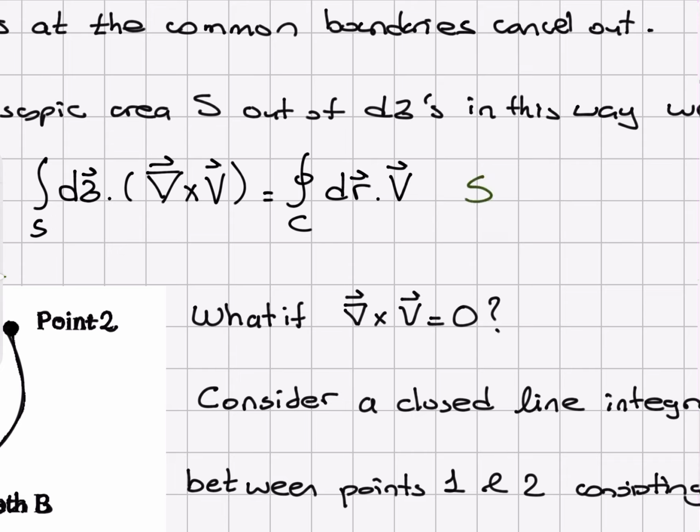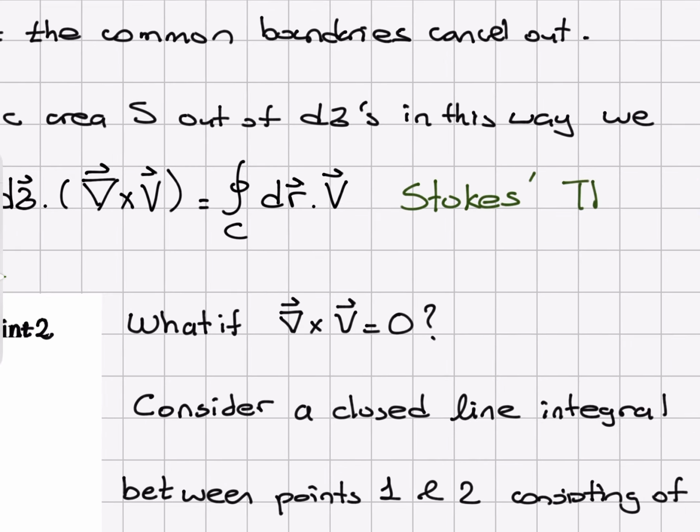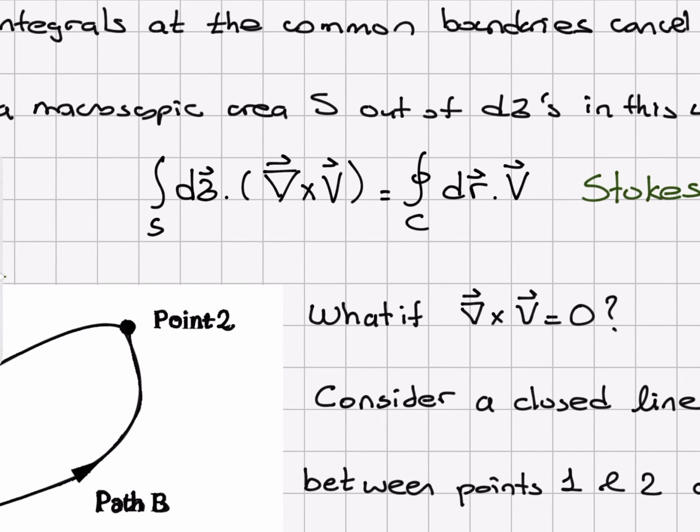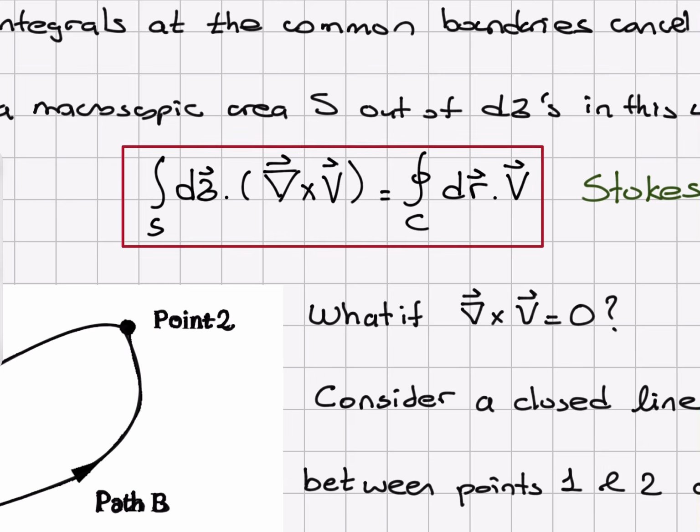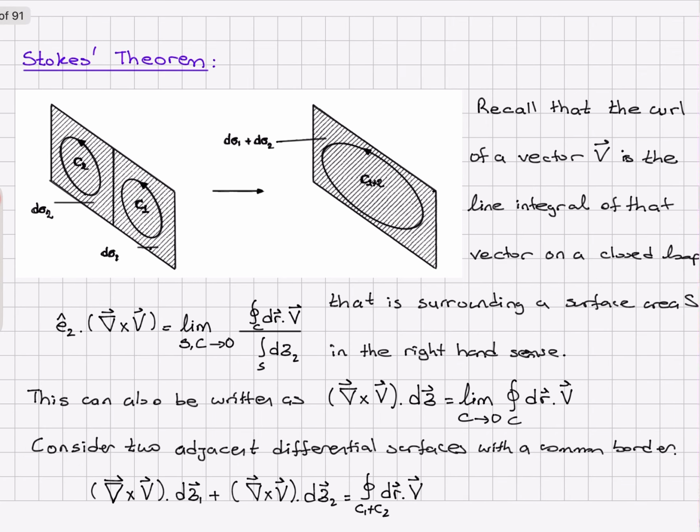The curl of a vector field V integrated on a surface, d sigma dot the curl, is equal to the closed path integral dr dot V for the path that is enclosing that surface.